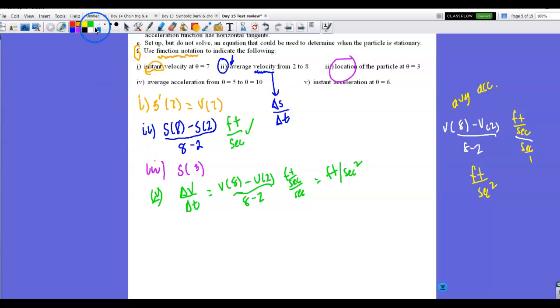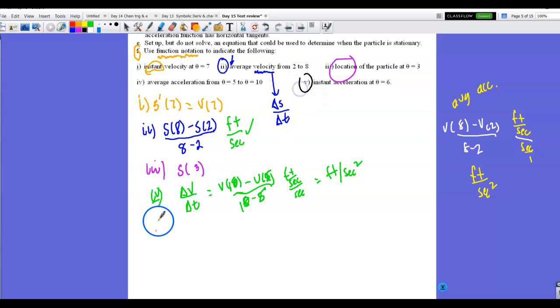Number 4 we just did, except it wasn't from 8 to 2, I apologize. In number 4, let's go back to green, that was from 5 to 10, so this should be a 10, this should be a 5, this should be a 10, and this should be a 5. But really all we're doing here is setting these up symbolically just to make sure that we understand this.